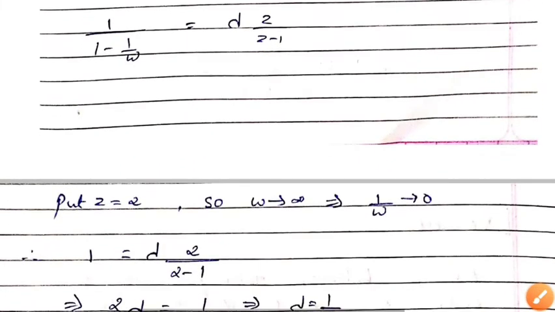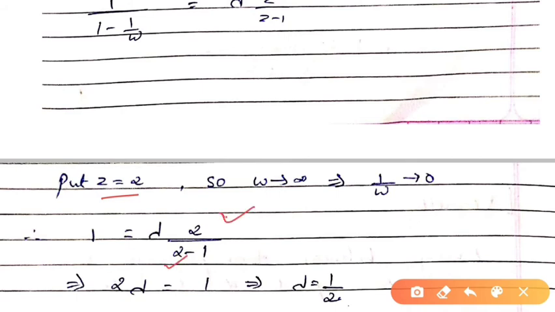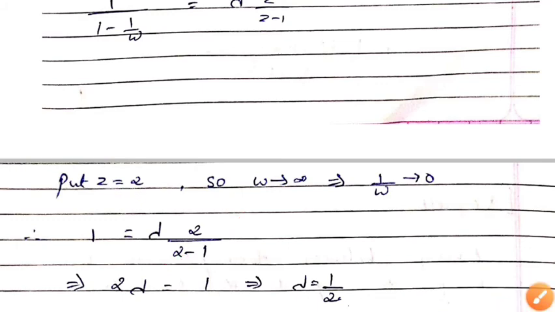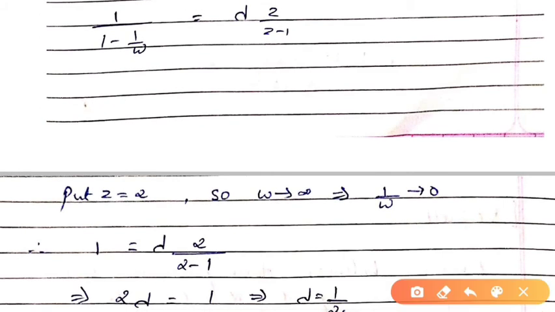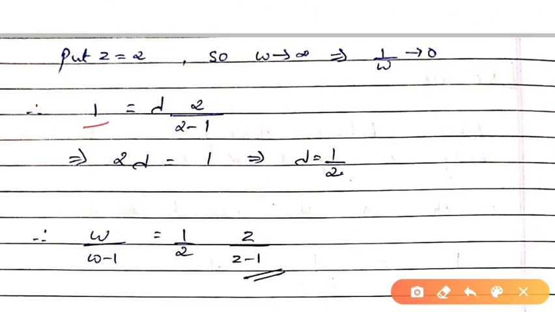Now as I have said, if I put z equal to 2, see here I have put z equal to 2. So w will tend to infinity and 1 upon infinity will become 0. So here I will have 1 equal to lambda into 2 upon 2 minus 1.